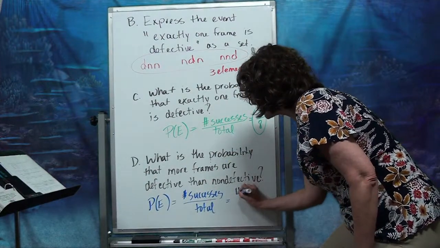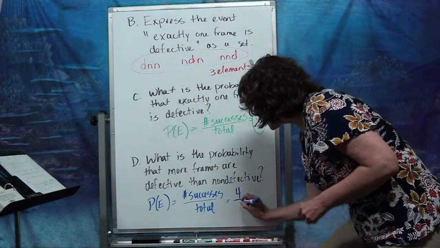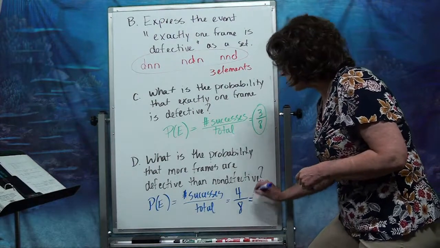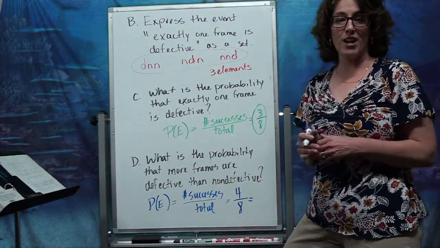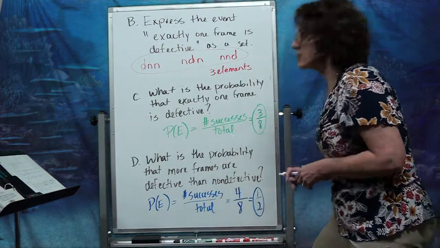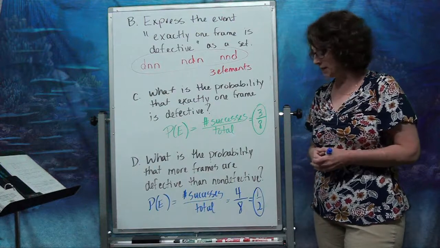And recall that the total is the total number of outcomes in that sample space. I have 8 total outcomes in that sample space. So I reduce my fraction, because you always simplify a fraction if you can. That simplifies to 1/2. And so that is the probability that I'm going to have more defective frames than non-defective frames.